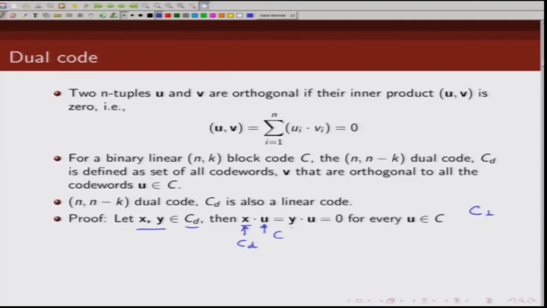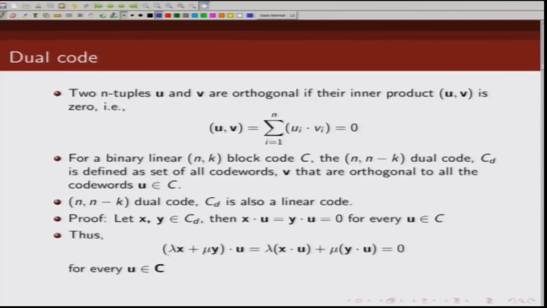Similarly, code word y which belongs to the dual code and code word u which belongs to the original code, since they are orthogonal, their dot product will be 0. So, we can write x dot u is equal to y dot u is equal to 0. This follows from the property that a code word which belongs to the dual code is orthogonal to the code words in the original code C.